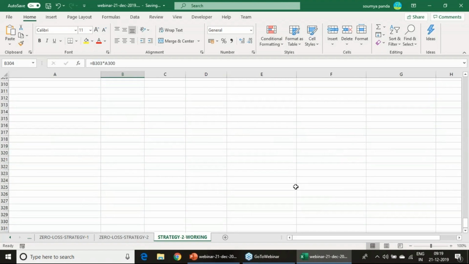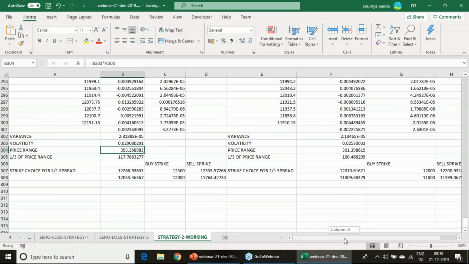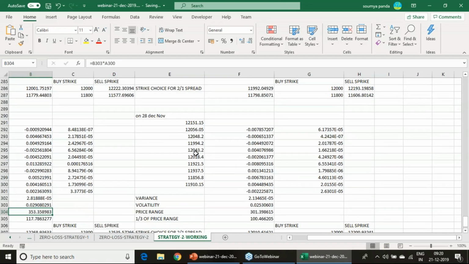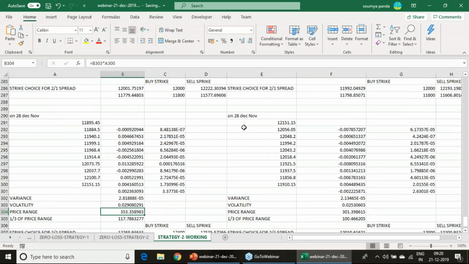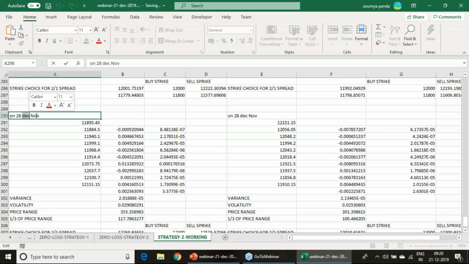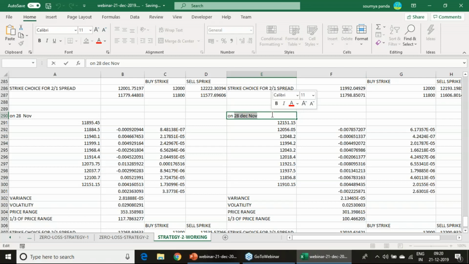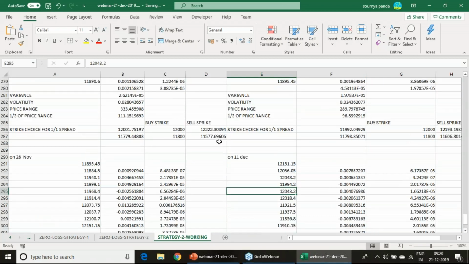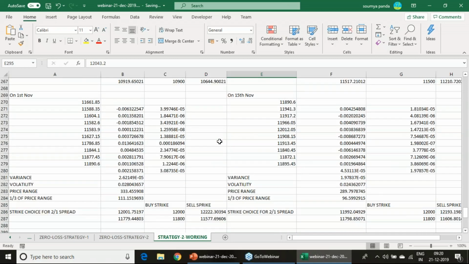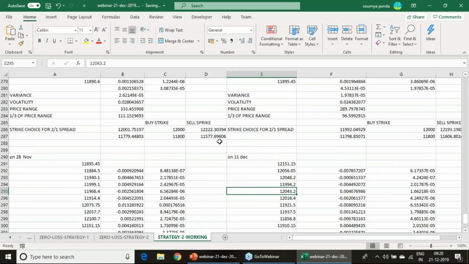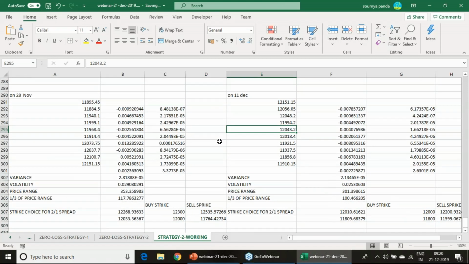How we have decided, I am going to the last part here. From 28th November to 11th December, I am holding for 10 days, or any time I am getting 1.5% to 2%, I am coming out of my trade.